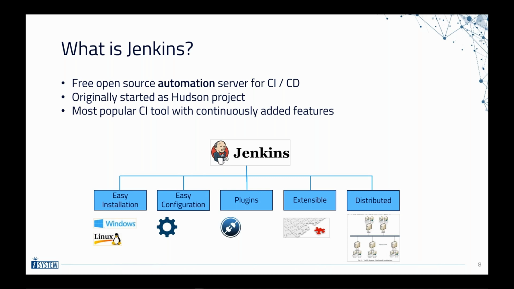We can easily install and configure it via its web interface, which includes built-in help and error checking. Plugins make Jenkins a really powerful and adaptive automation tool for development and testing. With plugins in the hundreds, we can really enhance the integration into an existing environment and the power of Jenkins as a test automation tool.